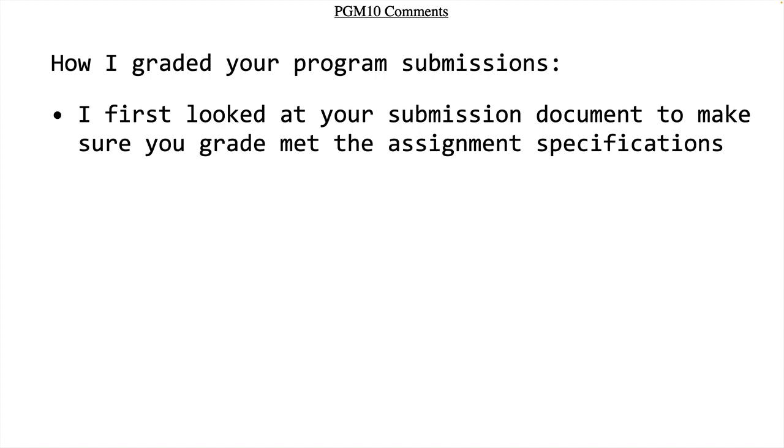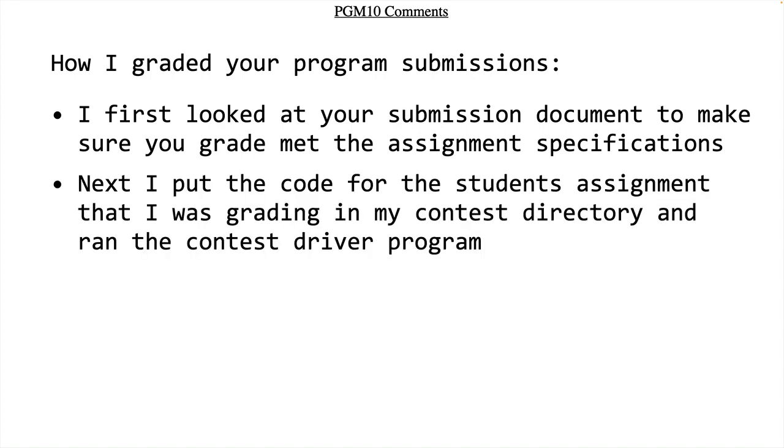Then what I would do next is pull your Prisoner's Dilemma subroutine out and put it in a directory where I'm running this contest. I would give it a specific name, which for student programs is PD and initials.